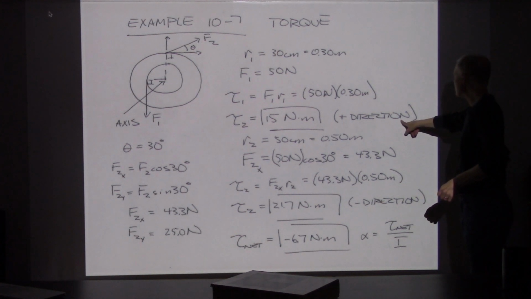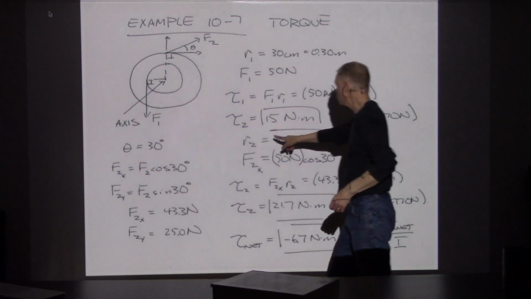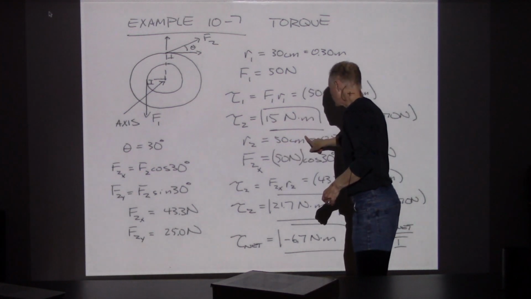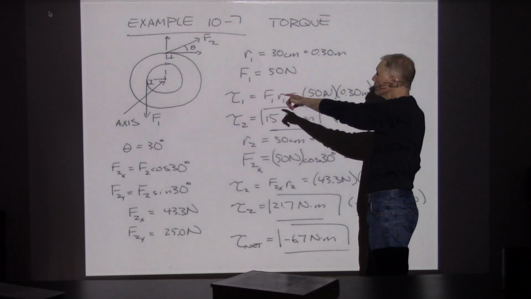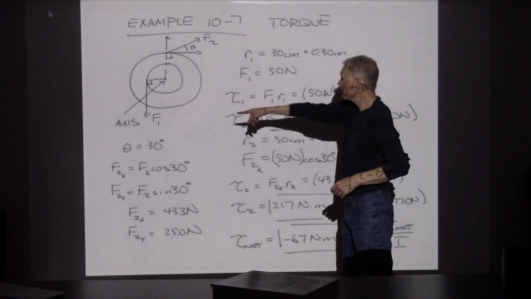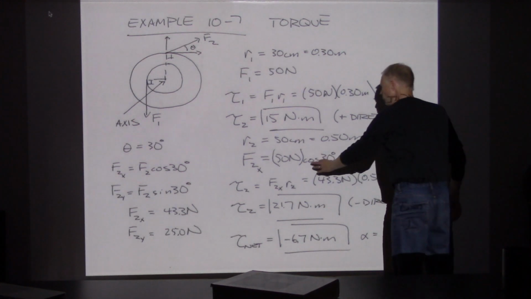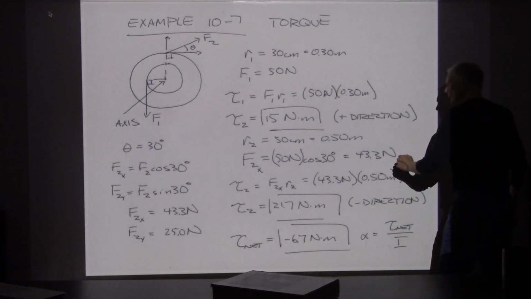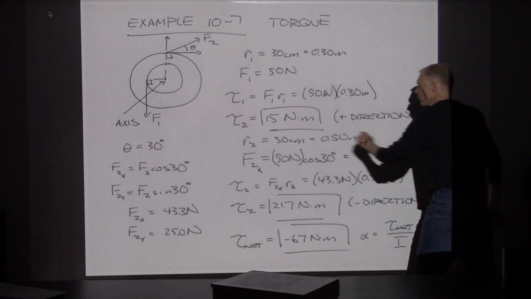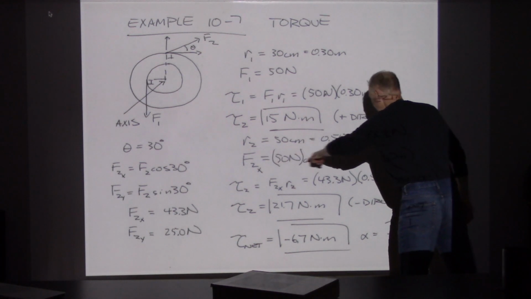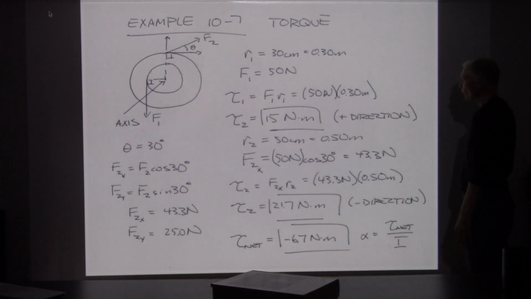We decided that was going to be called the positive direction. Now, R2 is 50 centimeters, but we're only going to get the cosine of 30 component. That angle right there, that theta, is 30 degrees. So I'm only going to get 30 degrees on that, and so the force component in the x direction, I only get to use 43.3.